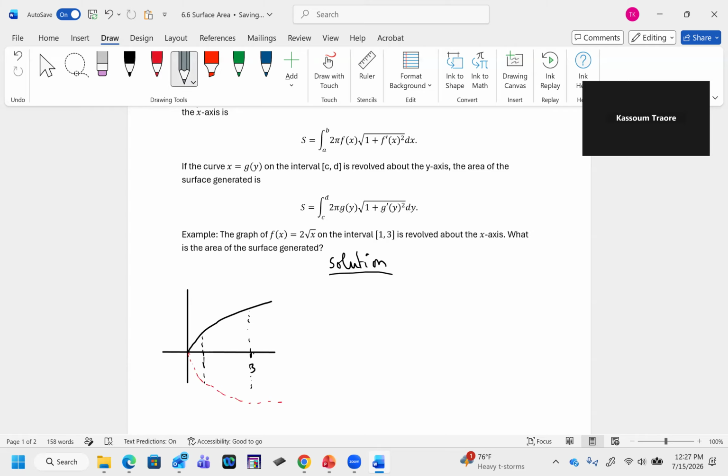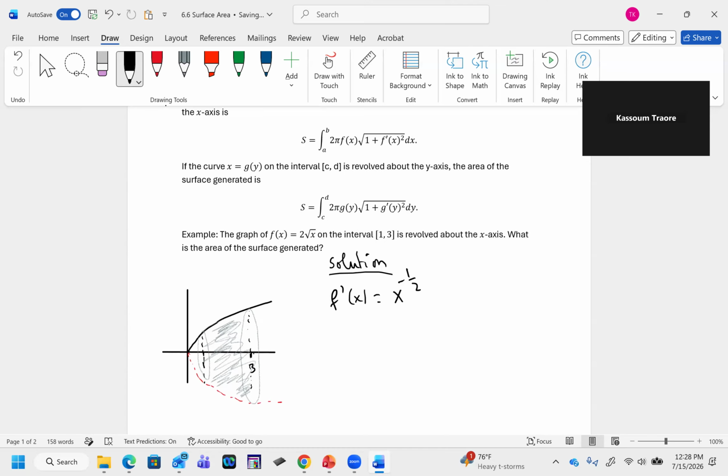So this is the surface area we are looking for, okay? Revolve about the x-axis. So first let's find f prime of x. f prime of x is x to the power of negative 1/2, right?